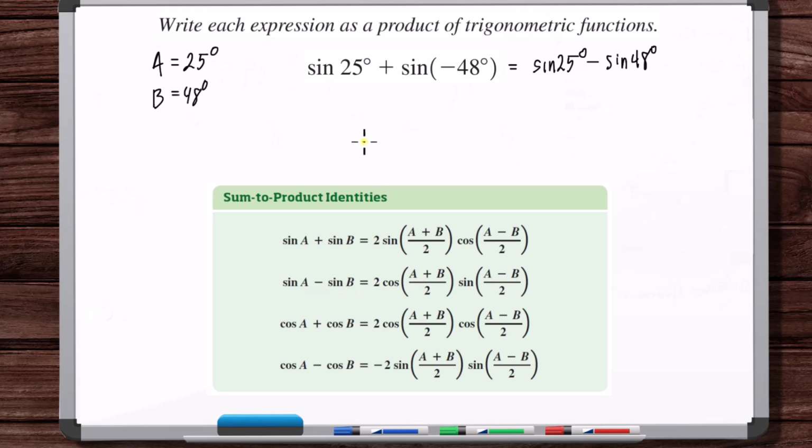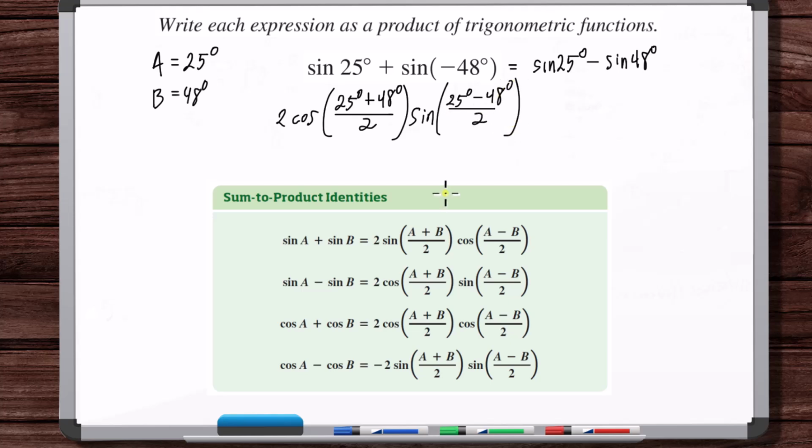So sine of 25 minus sine of 48 is going to be 2 times cosine of 25 degrees plus 48 degrees divided by 2, times sine of 25 degrees minus 48 degrees divided by 2.